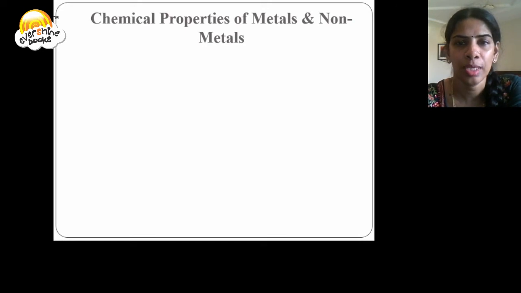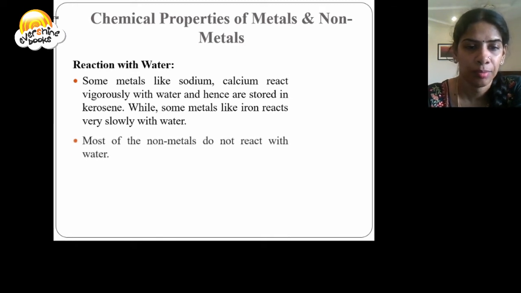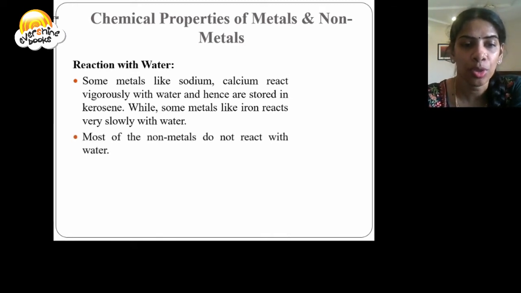Chemical properties of metals and non-metals. Reaction with water. Some metals like sodium and calcium react vigorously with water, and hence these are stored in kerosene, while some metals like iron react very slowly with water. Most of the non-metals do not react with water.